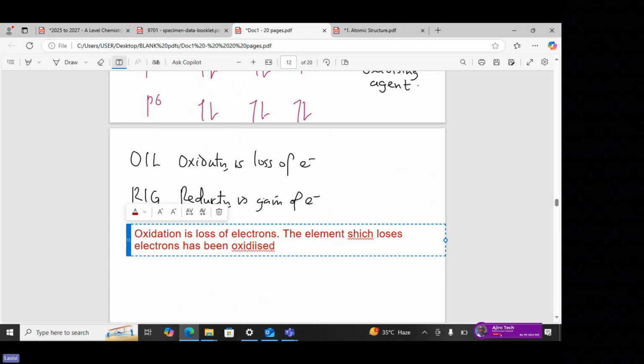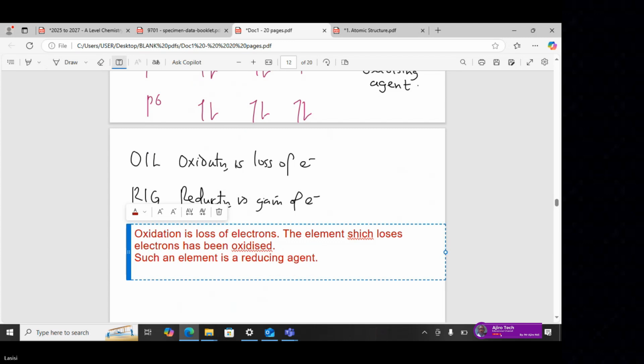Full stop. Such an element is a reducing agent. Now that we have seen it, a reducing agent undergoes oxidation. Do you get the point now?